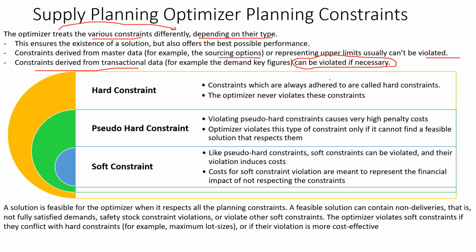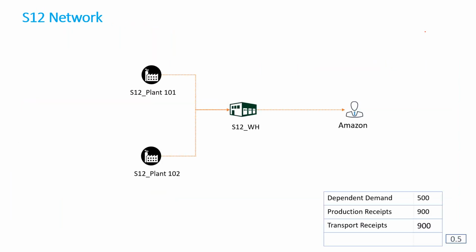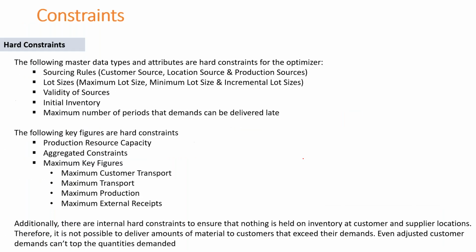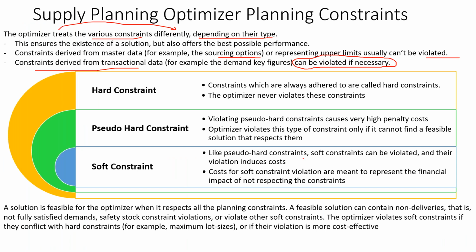For example, if you don't maintain a source of supply for this warehouse, then how will the production happen? It cannot happen, right? So that's a master data thing, and then the system has to follow that. Whereas the transactional data constraints can be violated if necessary.